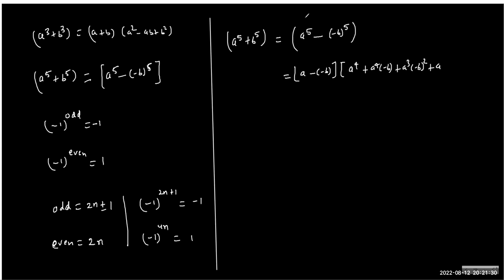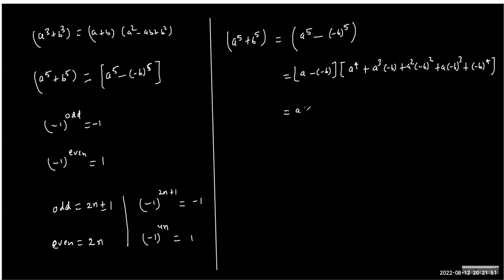So the first term is a power 4. The next term will be a cube minus b. The third term is a square minus b whole square. The fourth term is a minus b whole cube. And the last term is minus b power 4.